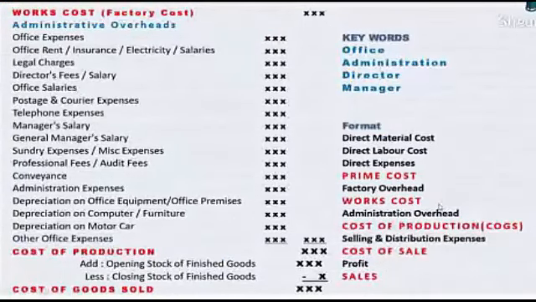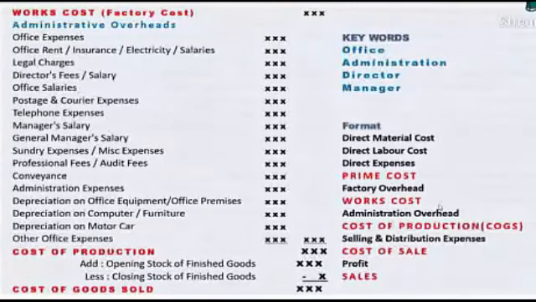Now we have to add administrative expenses to this. What are the administrative expenses? By this time, you should understand that whenever you read any item, you should visualize whether it is in a factory, in an office, or in sales. If you can link the item, you can classify it.